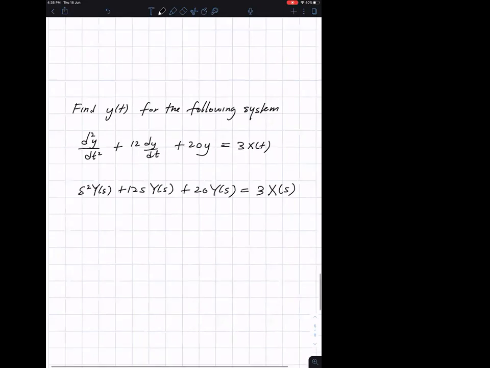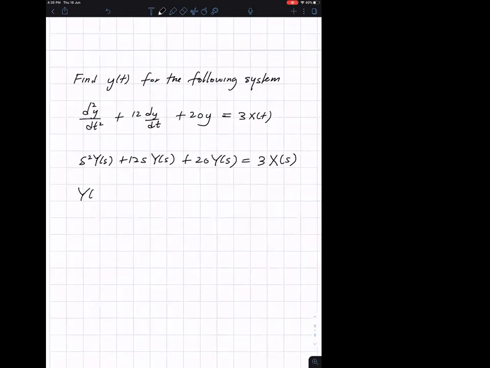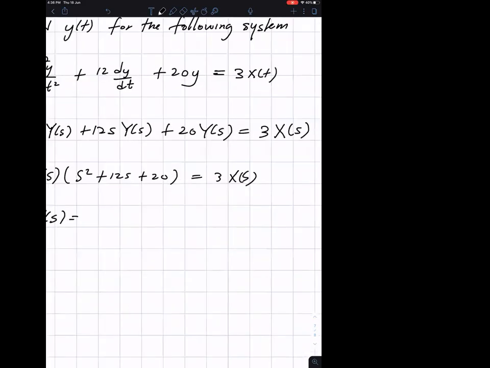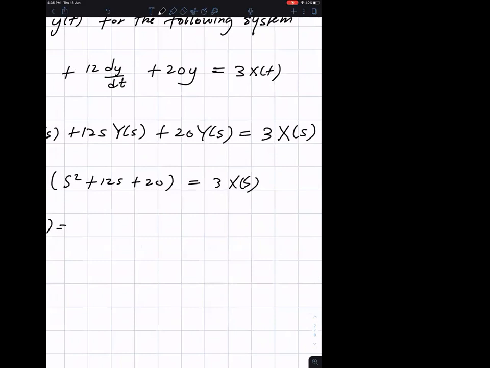Then you solve for Y(s). Sorry, please alter this. I put 3 here, it's supposed to be 30.